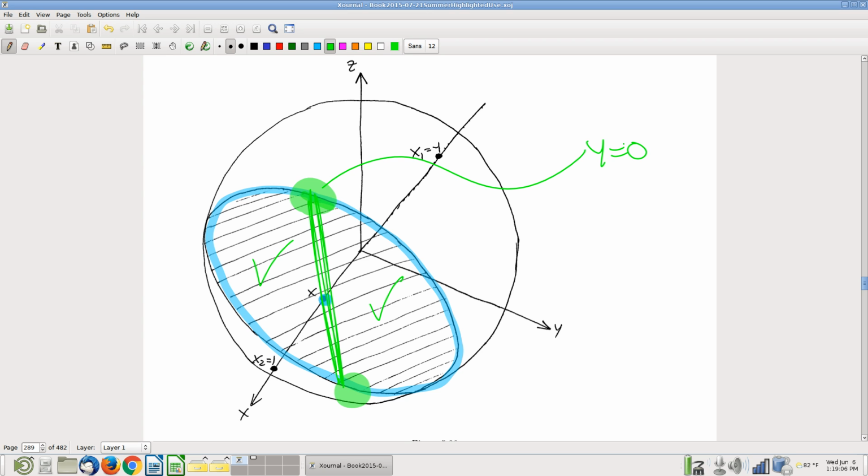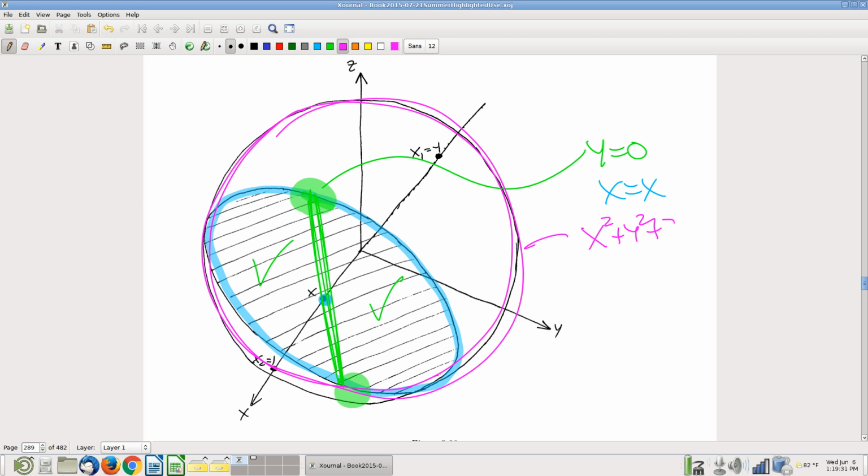Of course, we also know what x is. x is whatever the value of x represents, that x slice. And we furthermore know that this point that I'm interested in is on the sphere, where x squared plus y squared plus z squared is equal to 1.